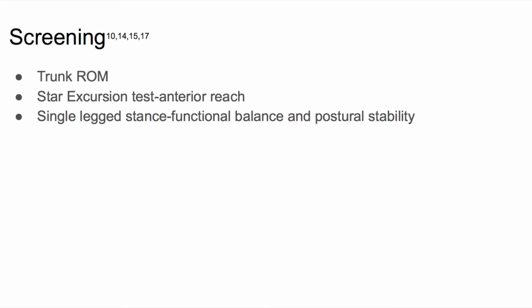Cole et al. found this as a great functional assessment tool to identify deficits in balance and postural strength. Here are a few videos identifying these screening tests and how you can conduct them in your athletic training room.